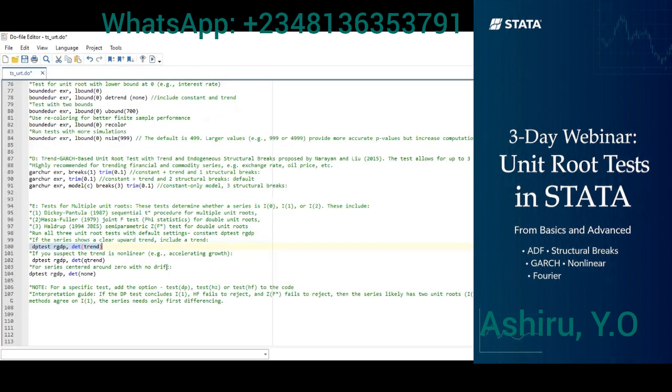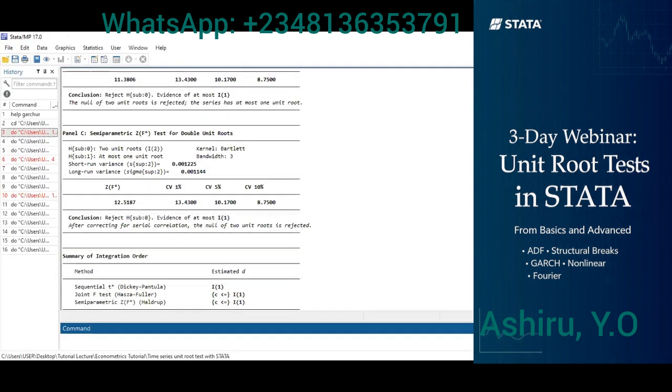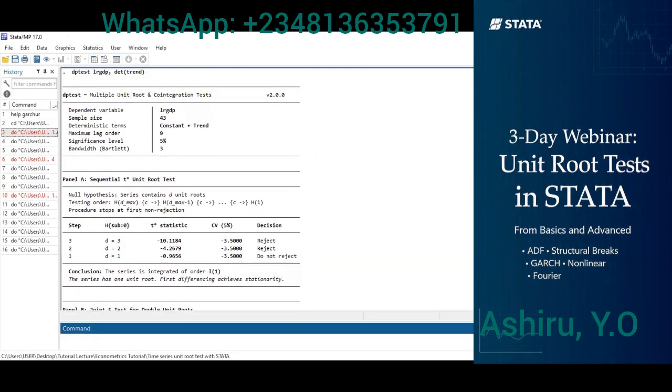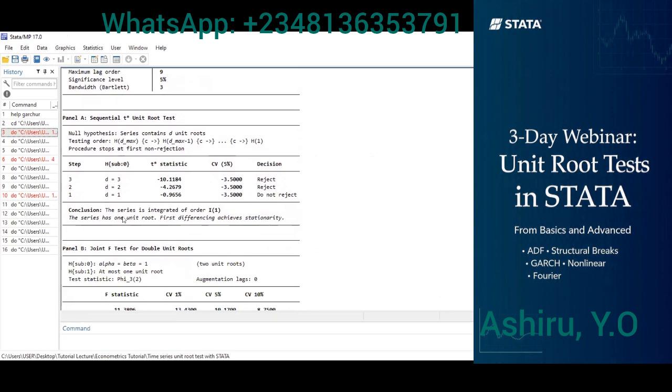So you can see the difference. Although it is real GDP we tested, not the log of real GDP. So let's also test the log of GDP and see, because an I3 variable is strange. So you can see after logging the variable, now let's see what happened. I think this result makes sense.